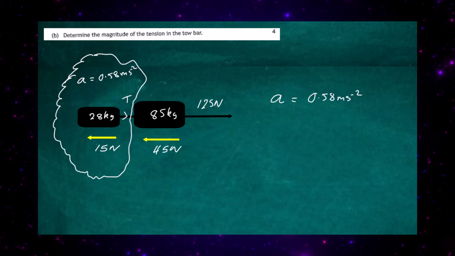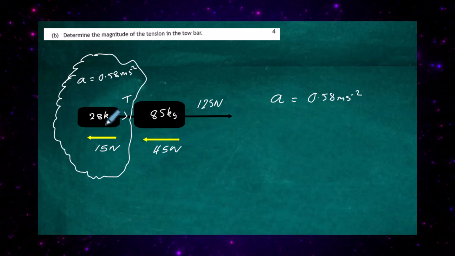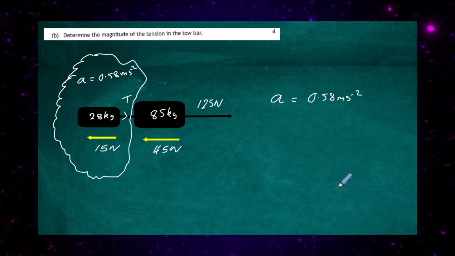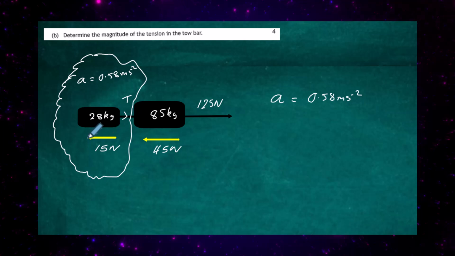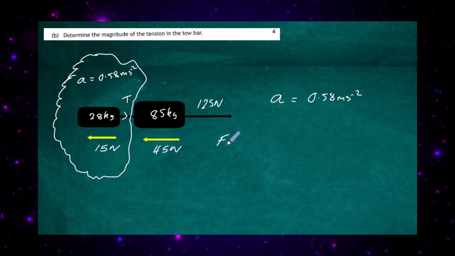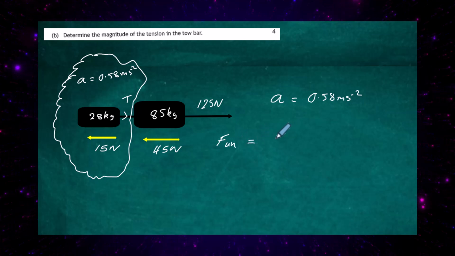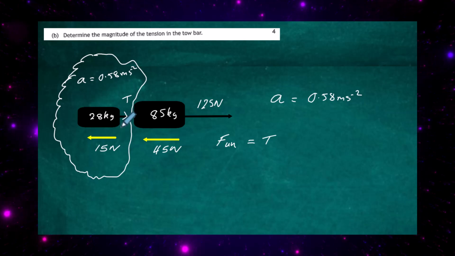Now we've got the acceleration, we've got the mass, so we can work out the unbalanced force acting on that 28 kilogram mass. And we do know the force pulling it is T, and we do know that there's a force of friction pulling back away of 15 newtons. So we can write down our forces as follows. The unbalanced force causing that acceleration is equal to the forward force, which is caused by the tension. Remember, we're bubble wrapping this.